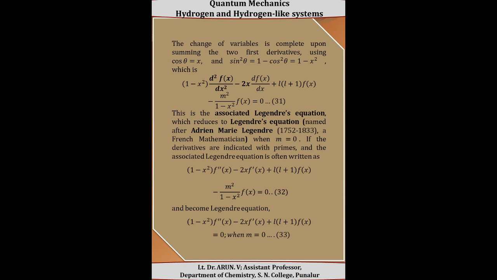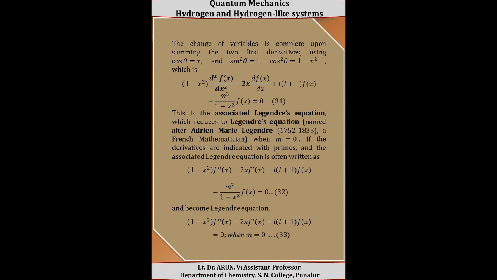This equation is the associated Legendre's equation, which reduces to the Legendre equation when m is equal to 0, and this equation is named after the French mathematician Adrien-Marie Legendre.